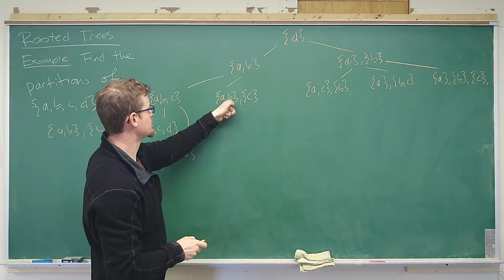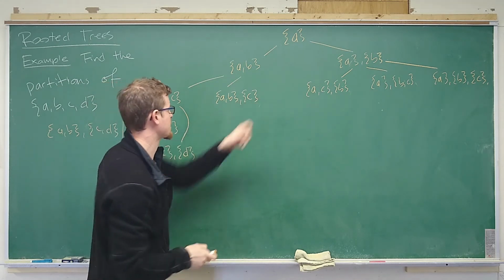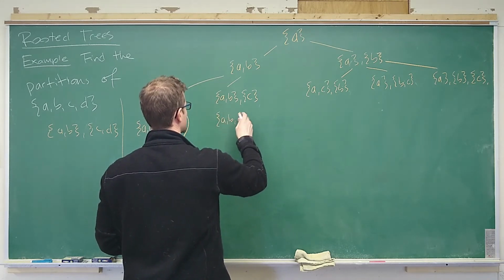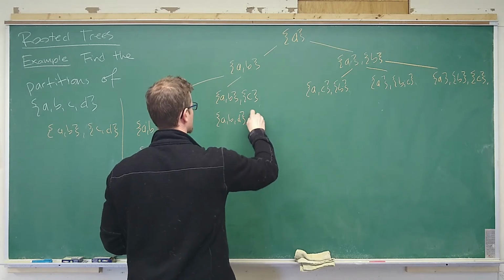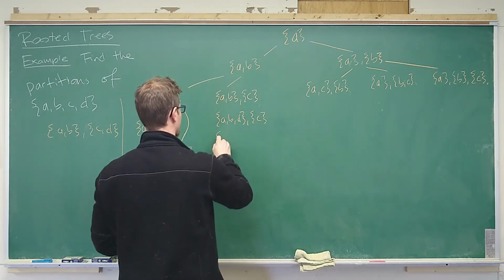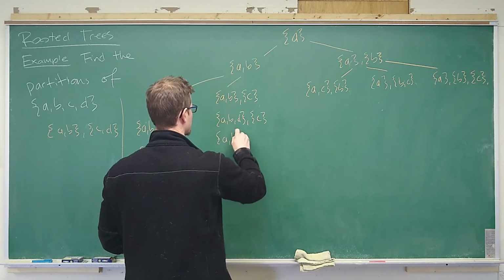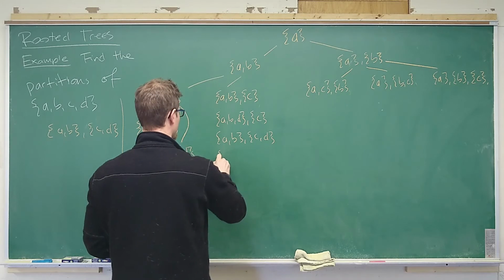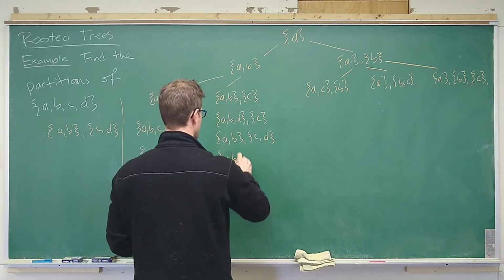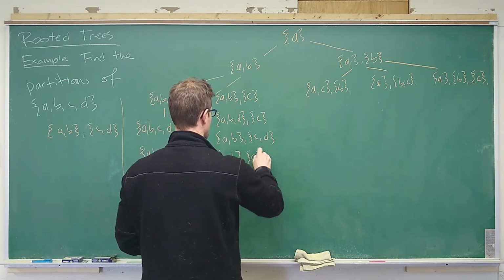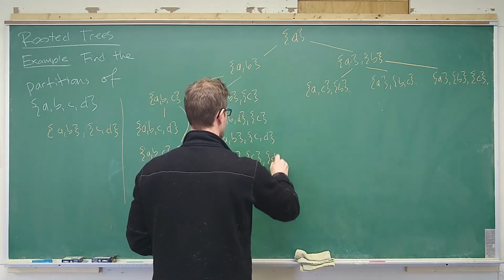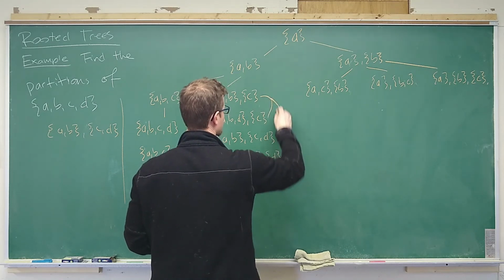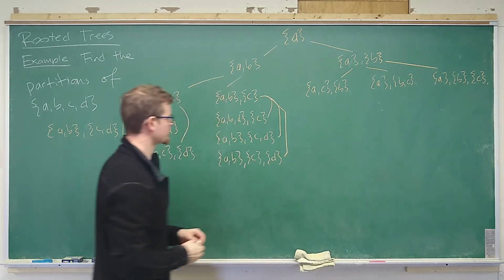Here I can add D to this set, or outside of the set. So that gives me {A, B, D}, {C}, {A, B}, {C, D}, or {A, B}, {C}, and {D}. So that gives me this set, or that set.